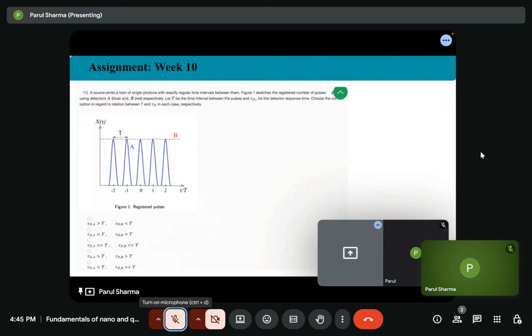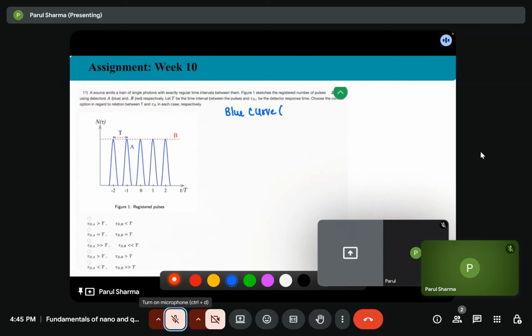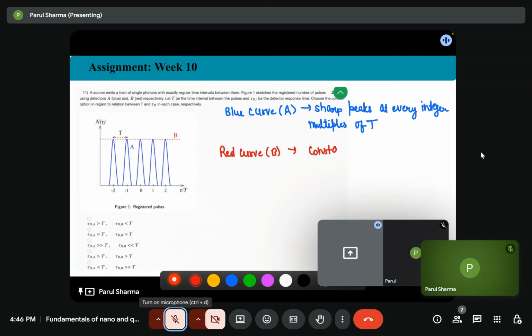So here, the blue curve, that is A, is showing sharp peaks at every integer multiple of T, whereas the red curve B shows a constant response. There are no peaks.